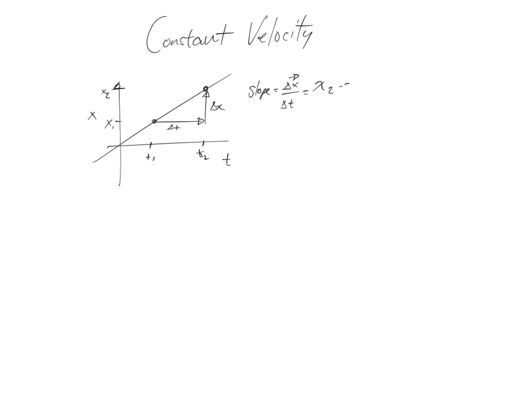So we got X2 minus X1, those are positions, which is a vector quantity, over T2 minus T1, and we called this average velocity. That was the name we gave this slope. And you could use the symbol V with a vector, put a little average there. Okay?